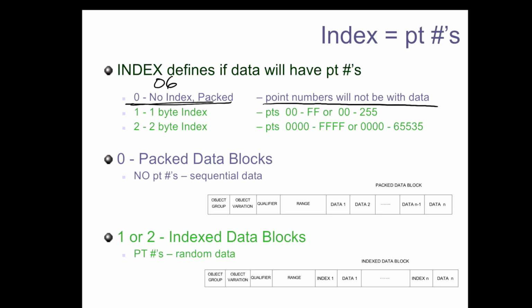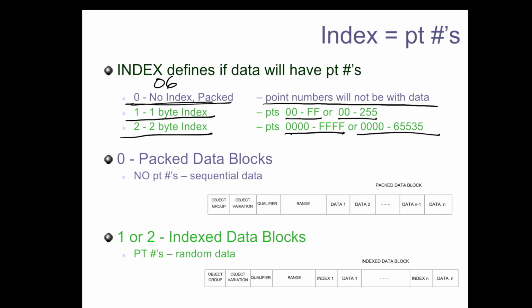If we've got a 1 as our index, then we're going to have values of 1 byte that can be handled by 1 byte, which is 0 through FF, or 0 through 255. A 2 byte value is going to be points 0 through a maximum of all Fs, so 0 through 65535. I think you're kind of getting the idea there.